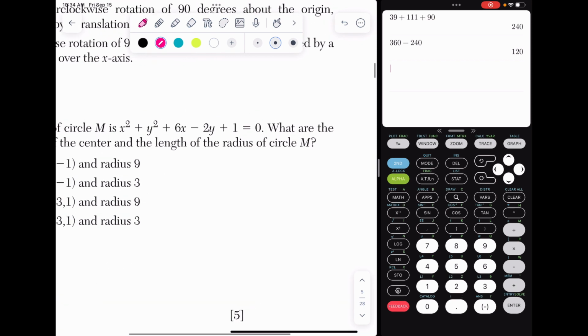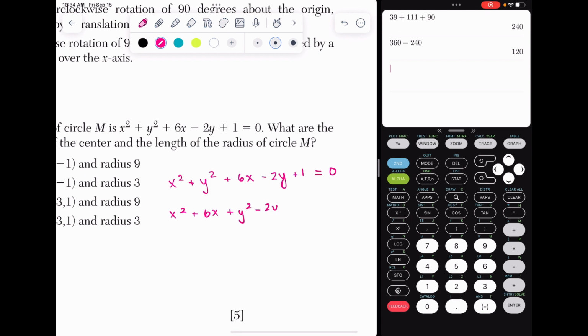Here's how I start. I'm going to just start by rewriting the equation in the blank space here. And I'm going to rearrange a few things. So I want the x terms to be next to each other, and I want the y terms to be next to each other. So I'm basically flip-flopping these two in here.